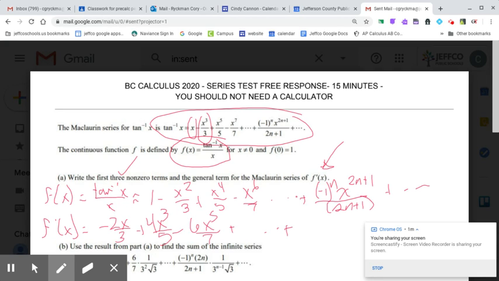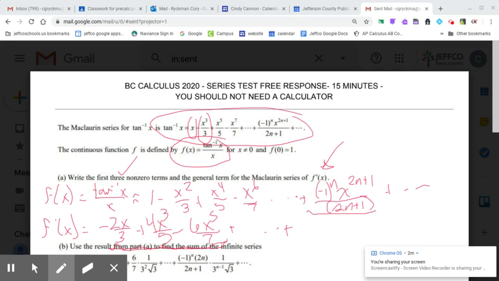Now for the general term, remind you, you can always do the general term by either looking at the pattern in what you've already done or just doing the derivative of the previous general term. And in this case, that's what I'm going to do. So if I take the derivative on that, negative 1 to the n stays, over 2n plus 1 stays. And what happens when you take the derivative on that?